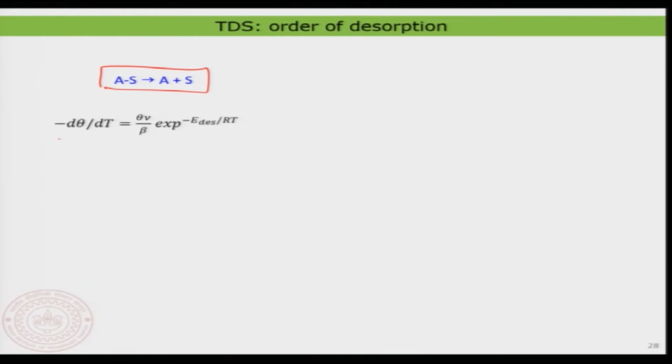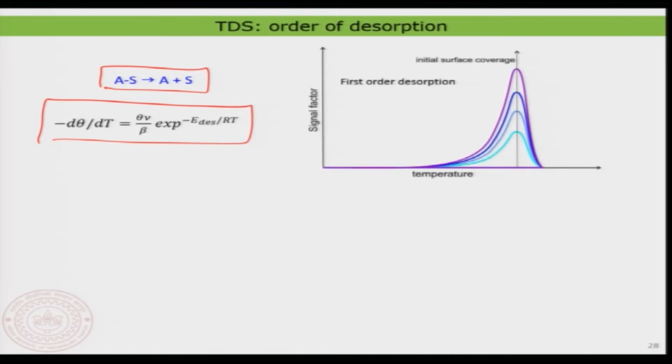But for the first order reaction, we can use the same expression as we have elucidated in the previous case, and what is very interesting is that the initial coverage of the adsorbate layer on the surface is independent of the peak position. So, the peak position is not dependent at all on the initial surface coverage of the adsorbate layer.